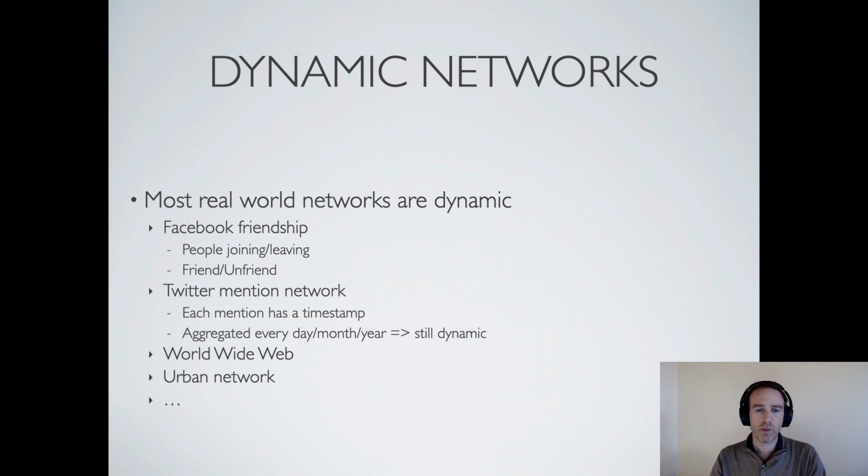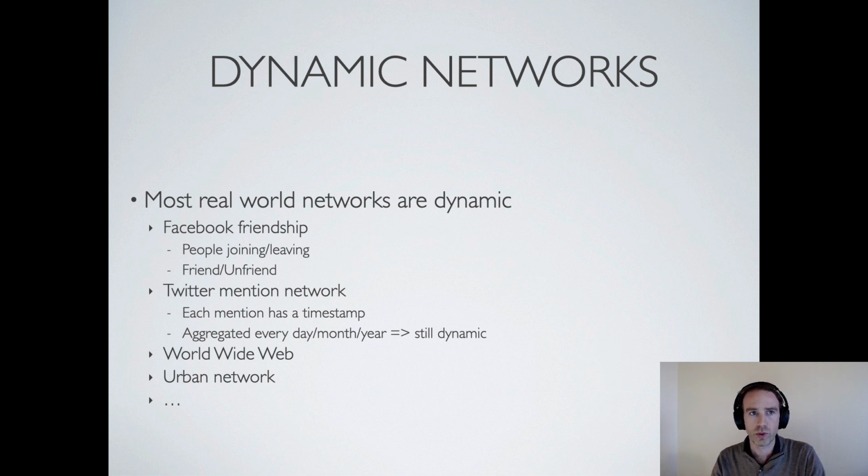If you think about other types of networks, like the World Wide Web, you also see that there are new web pages created every day and new hypertext links between them. And even on something like an urban network, in which edges will be roads, the evolution of the network is much slower, obviously, but you still have, for instance, walks on the streets that will close some roads to circulation, or you might also have some traffic jam on the roads.